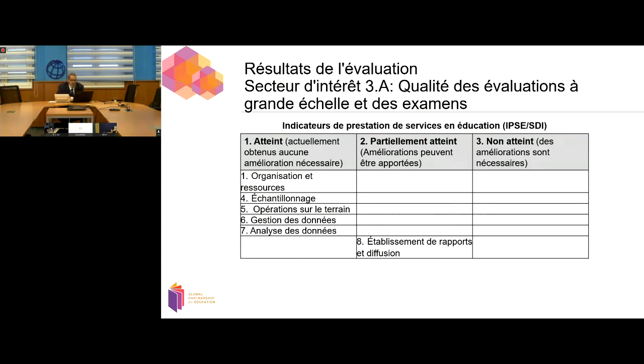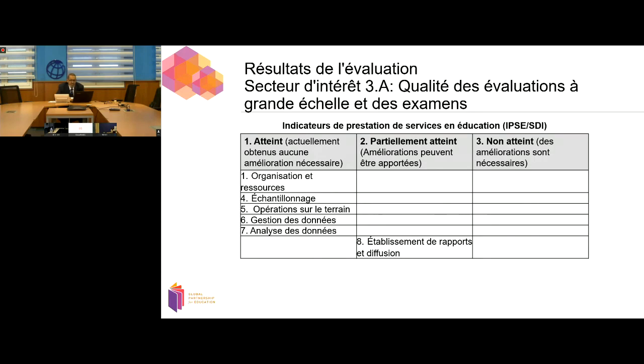This table gives you an assessment of SDI, the indicators done in 2018 by the World Bank. There, you see, on the other hand, that the objectives realized in terms of organization, sampling, field operation, data management, and data analysis, the team thinks that every single one of these objectives has been completely achieved.